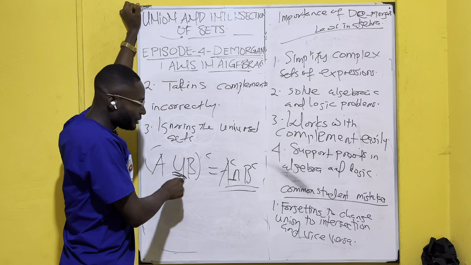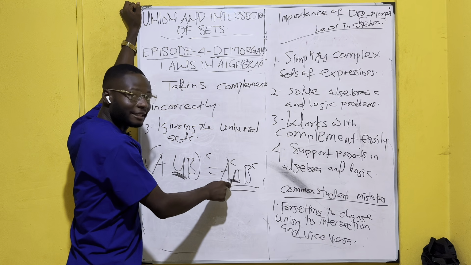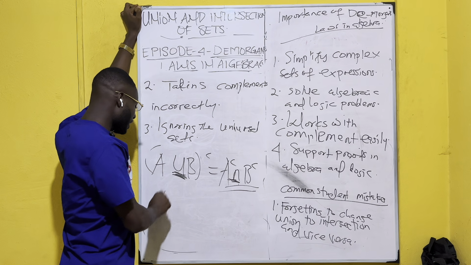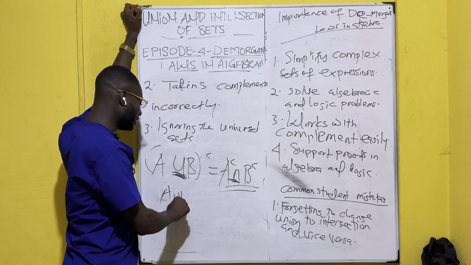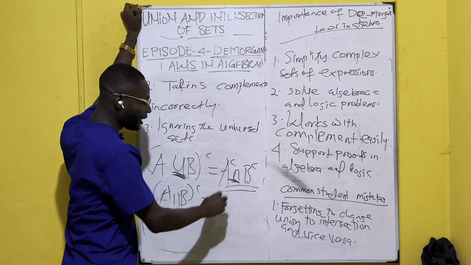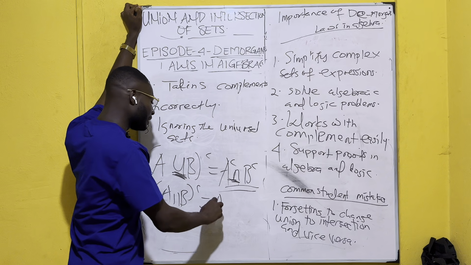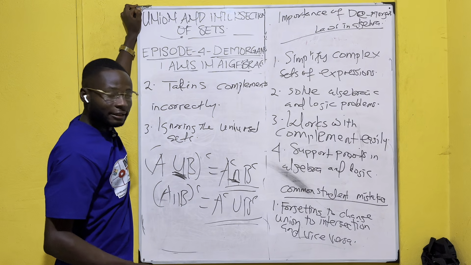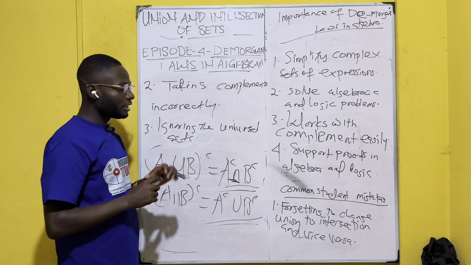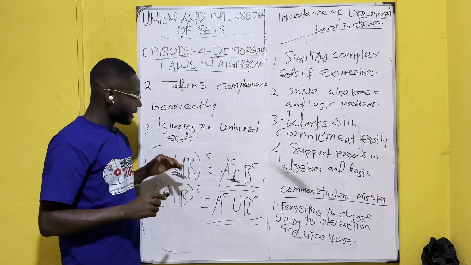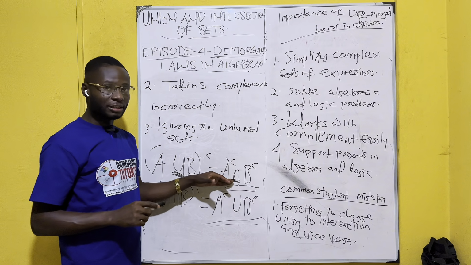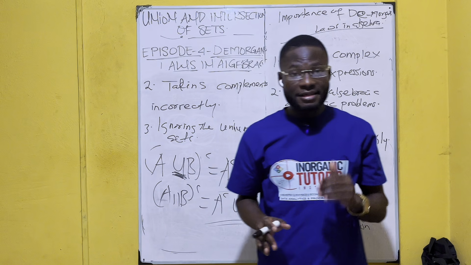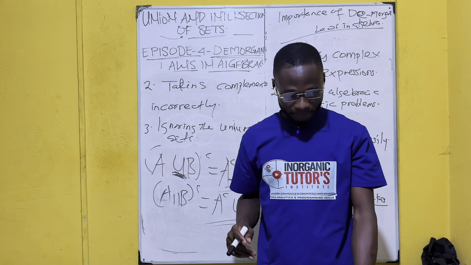When you are coming back, it becomes union. So if you have A intersection B all complement, when you are coming to union, it becomes A complement union B complement. You see the thing? Don't forget to change this when you are going this way. Those are the mistakes you can commit.